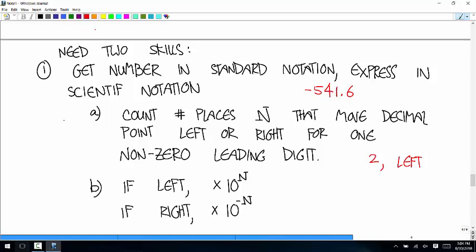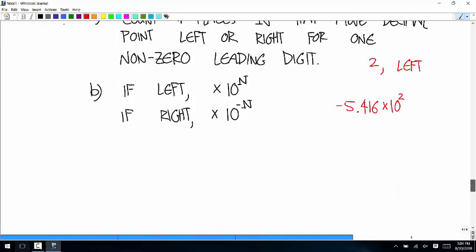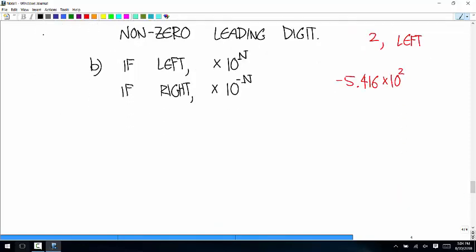In our case, we had to move it to the left, so we're going to have negative 5.416 times 10 to the positive 2. Any questions about that? Okay, so that's going from standard to scientific.